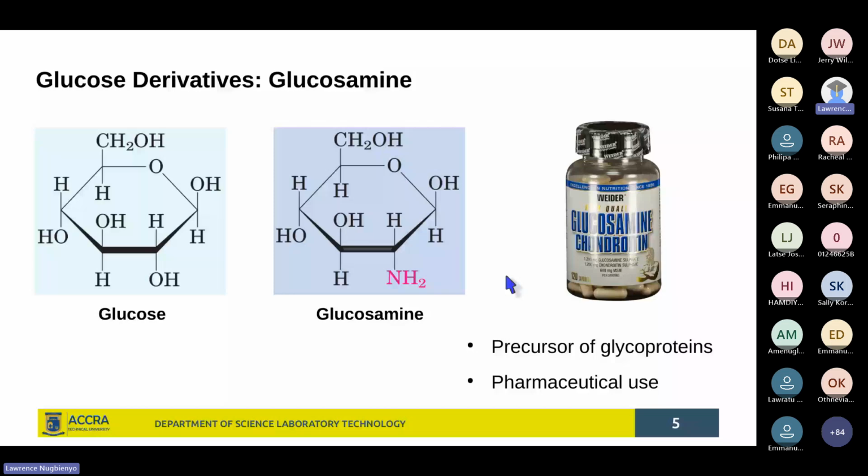even though in some countries it's not approved as a prescription drug. But in Ghana, people with some joint issues, when they go to the hospital, glucosamine is prescribed for them, so they go to the pharmacies to get these glucosamine capsules.